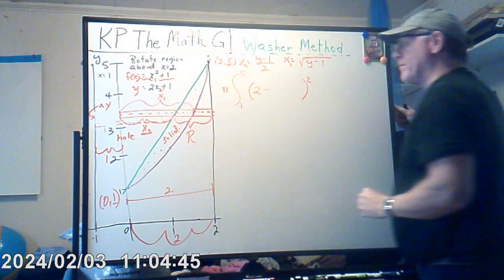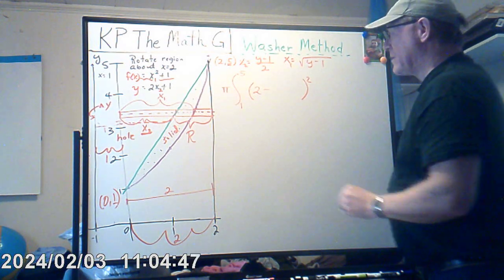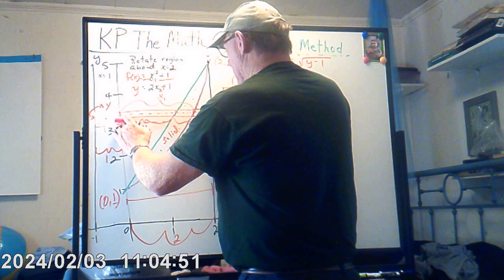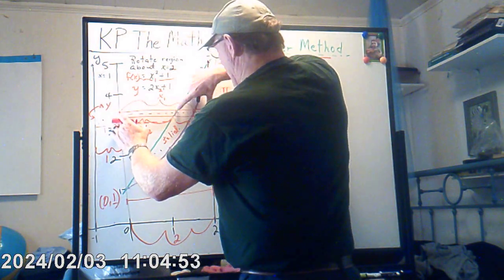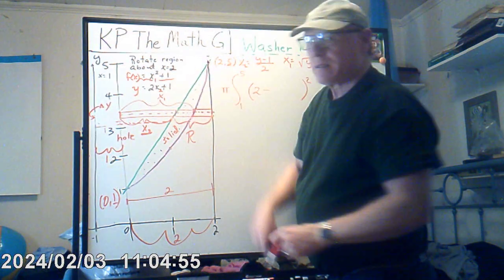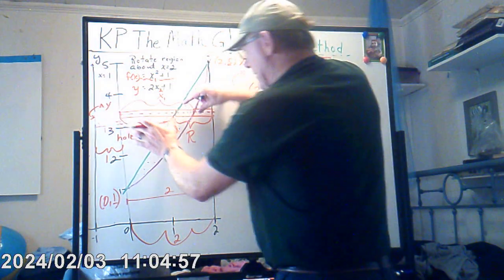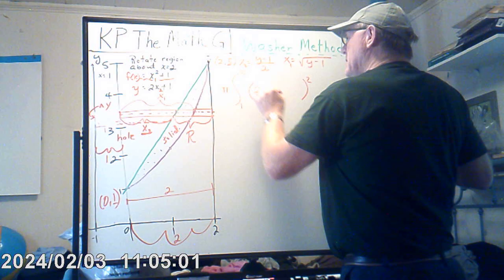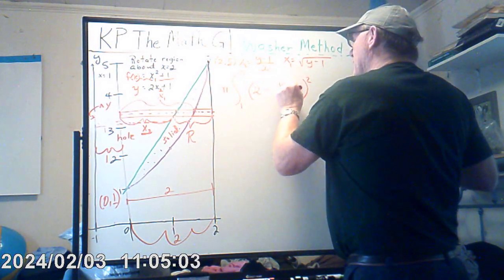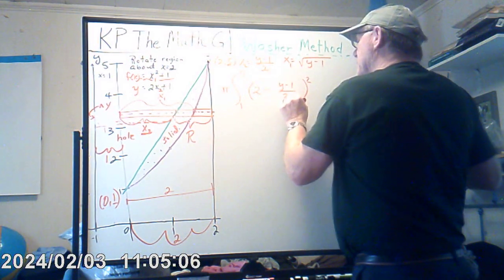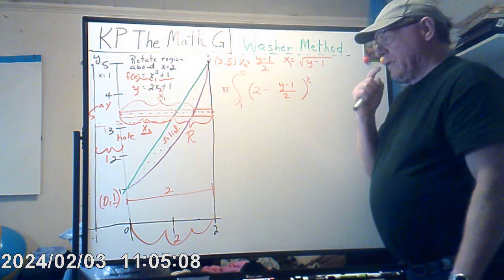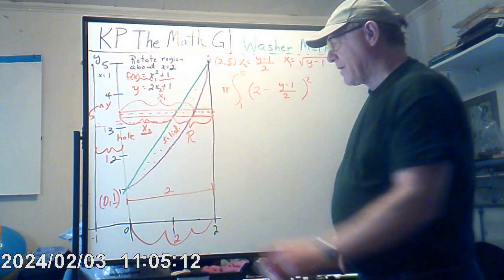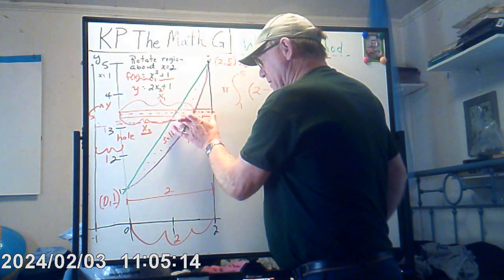We've already established that. So this is 2 right here. I want to take away this so I can have this. This is x of 2 right here. So that is y minus 1 over 2. Taking away the furthest one, see? I'm taking away this so I can have this as my big radius.